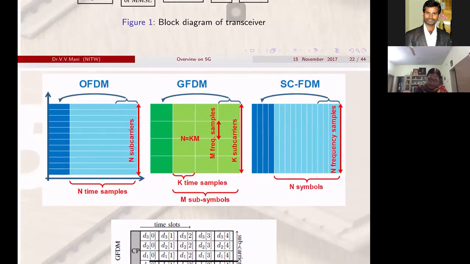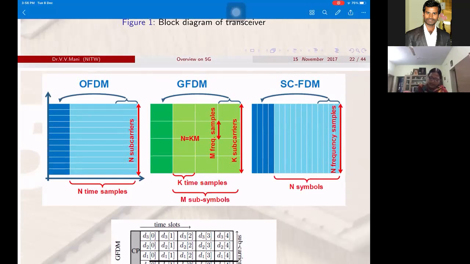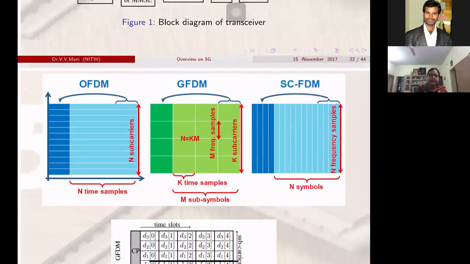So in GFDM, there are K subcarriers along the vertical axis. The green color is N, equal to your time samples. So these time samples are divided into K and capital M. That means K subcarriers and M subsymbols.